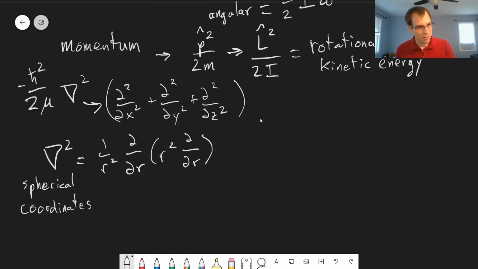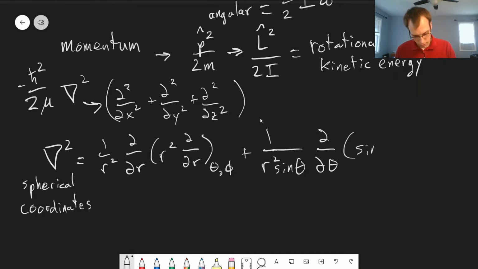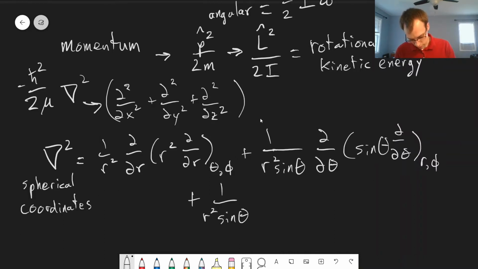So it's r squared times the derivative with respect to r, where we keep theta and phi fixed, plus 1 over r squared sine theta times the derivative with respect to theta of sine theta times the derivative with respect to theta, where we keep r and phi fixed, plus there's a third term, 1 over r squared sine theta times the second derivative with respect to phi, where we keep r and theta fixed.